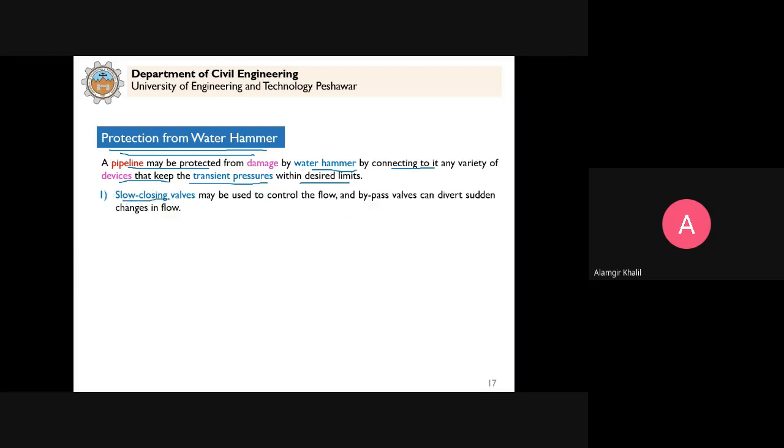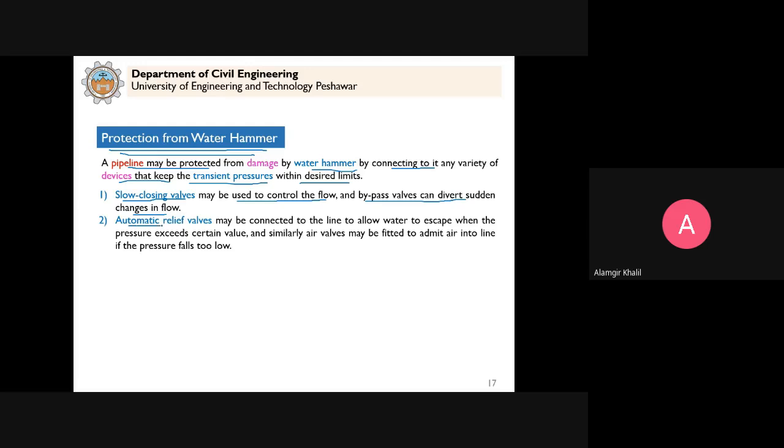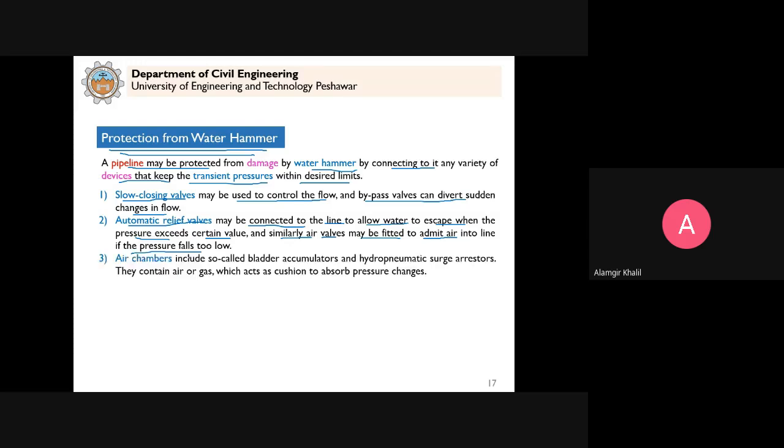For example, slow closing valves may be used to control the flow, and bypass valves can divert sudden changes in the flow. Automatic relief valves may be connected to the line to allow water to escape when the pressure exceeds a certain value, and similarly air valves may be fitted to admit air into the line if the pressure falls too low.